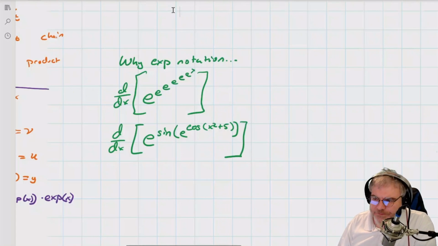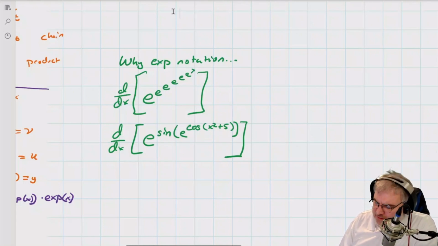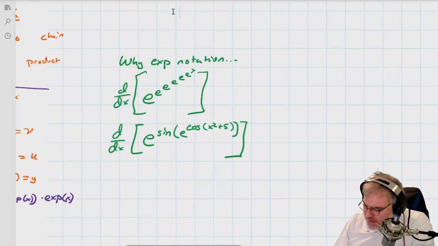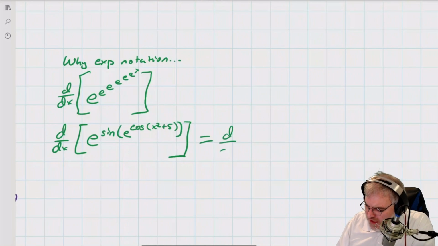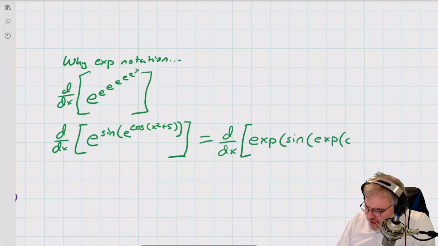And it's kind of annoying. It's easy to lose these exponents, especially when they're just written out. This right here is much easier when it's written d over dx of exp of sine of exp of cosine of x squared plus 5. 1, 2, 3, 4.